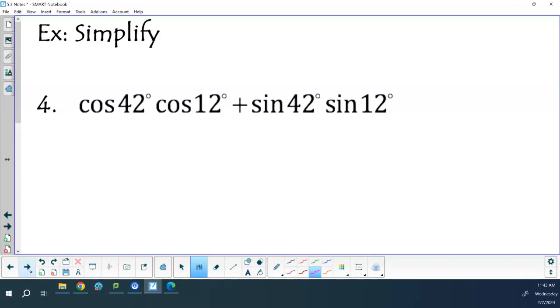So that means this is then going to be the cosine of 42 degrees, what 12 degrees? Minus 12 degrees. So it's the cosine of 30 degrees.